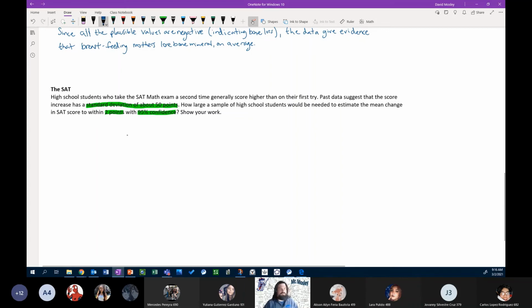So for this one, it's best again to start out. Let's just list what we have. What do we know? We have a standard deviation of 50 points. We have a margin of error that we want to be 2 points. We're dealing with a 95% confidence interval.